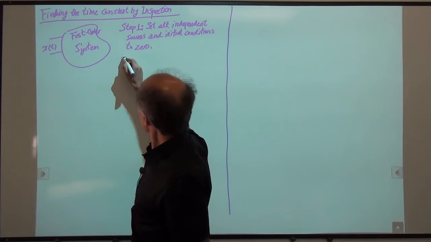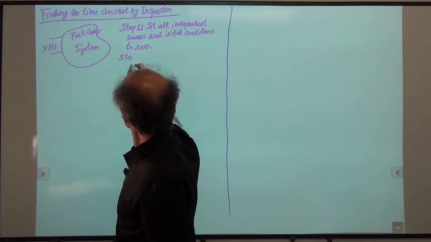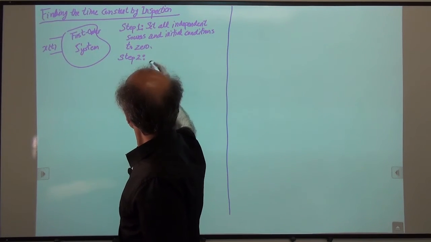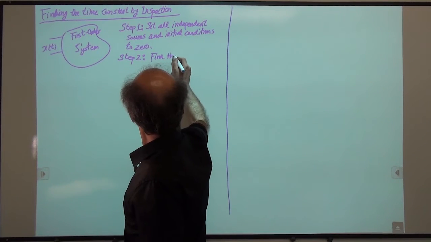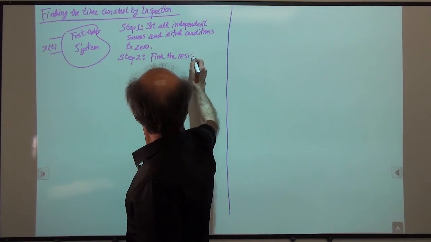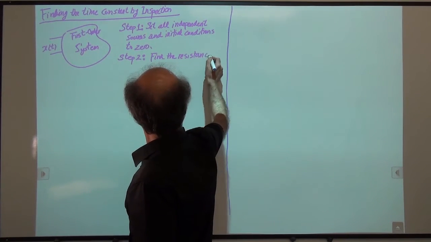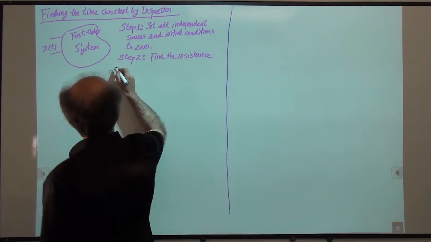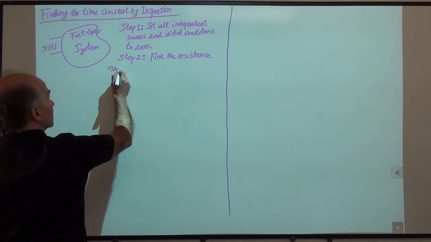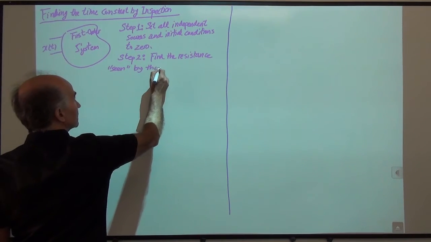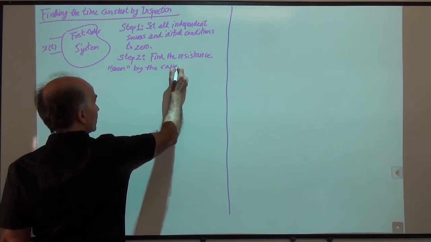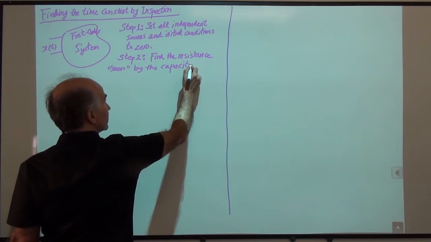Step number 2: find the resistance seen by the capacitor. Remember, this is a first order system, so it has only one capacitor in it, right?